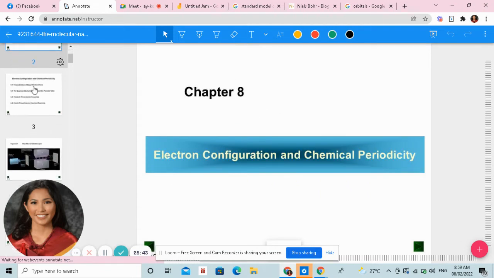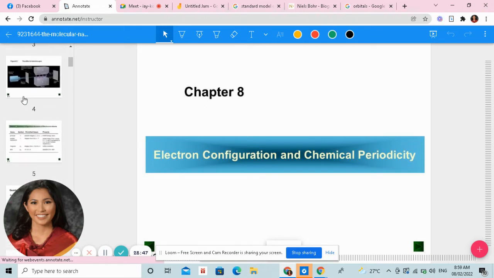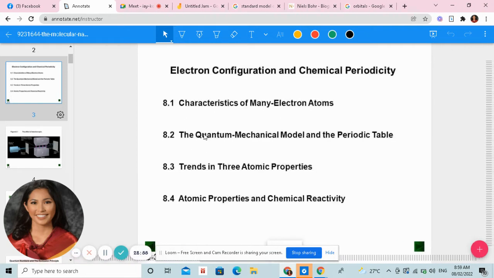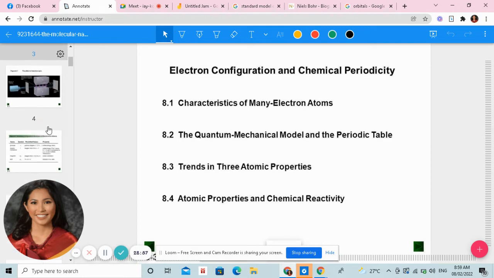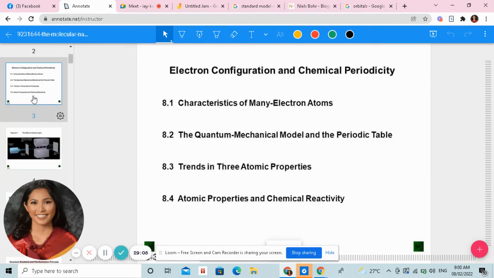We have lesson 2, electron configuration and chemical periodicity. In this lesson, we are going to tackle characteristics of many electron atoms, quantum mechanical model and periodic table, trends in atomic properties, and chemical reactivity. Are the subtopics familiar?